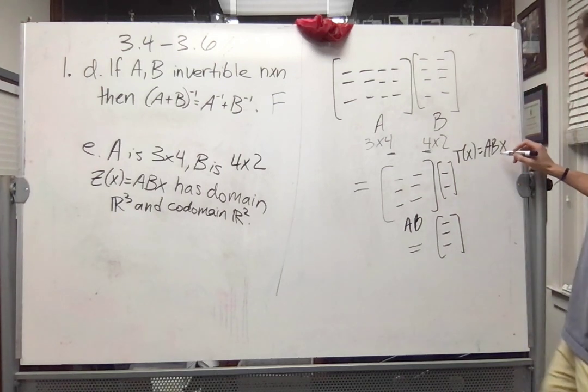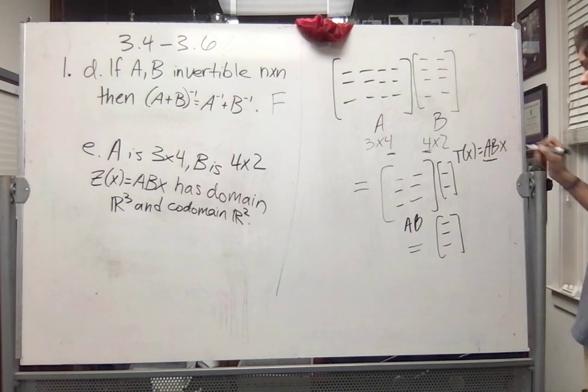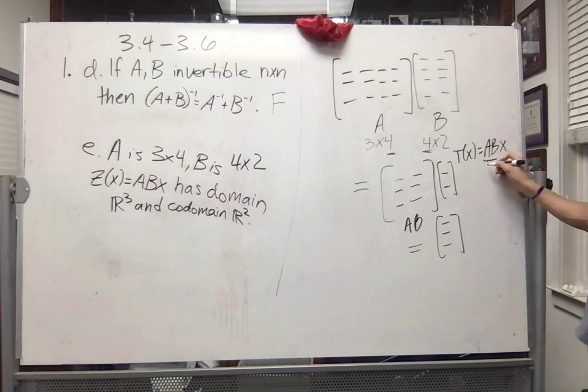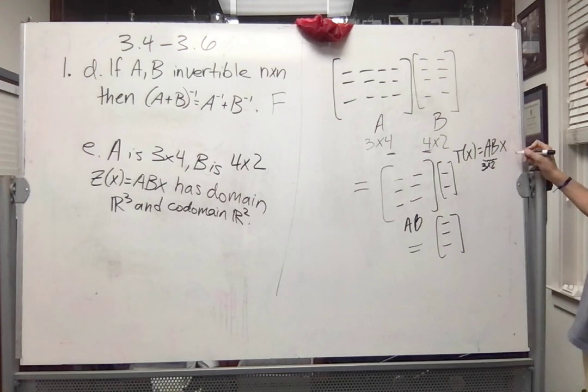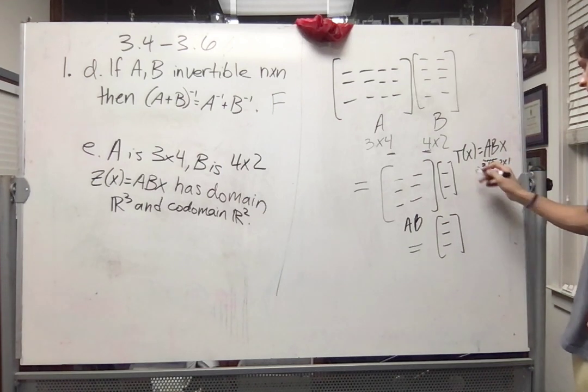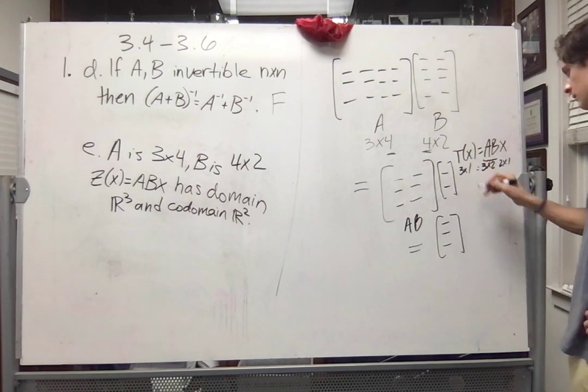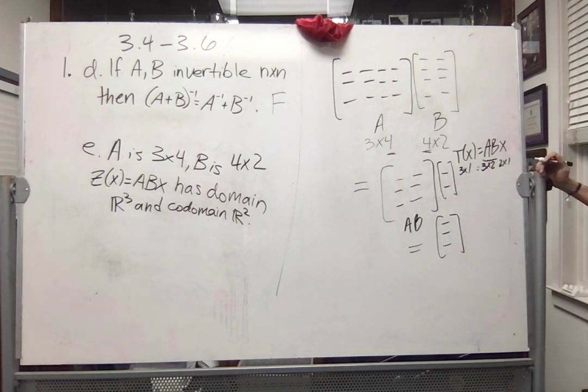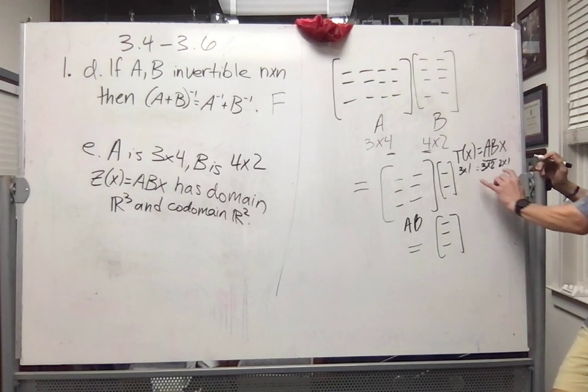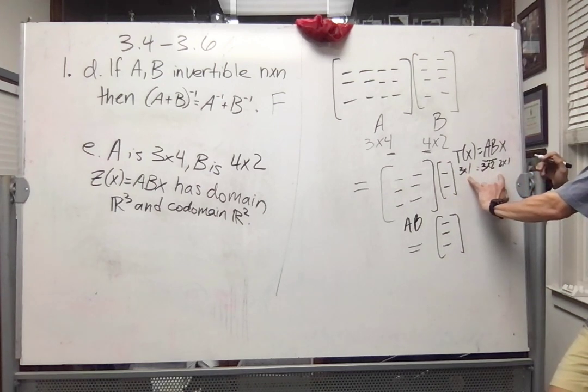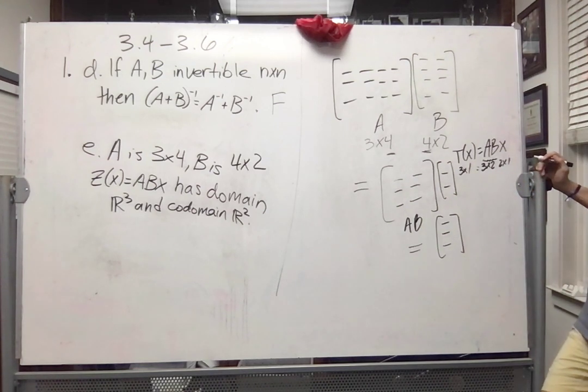And so remember that AB is 3 by 2. So x has to be 2 by 1. And then T of x has to be 3 by 1. Okay? So this is how you would see it algebraically.